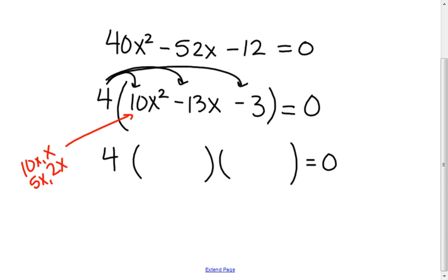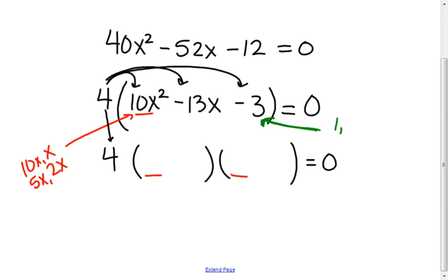So the 2 fronts have to make that. The back, negative 3. And by the way, you guys, I forgot to talk about this, but make sure you bring down that 4 that you pulled out. Don't forget about it. Make sure you bring it down, okay? All right, back here, factors of 3.